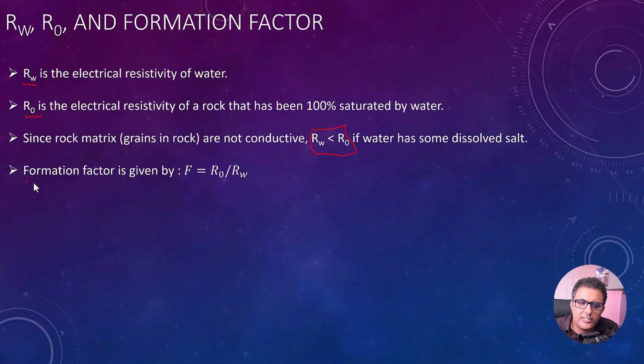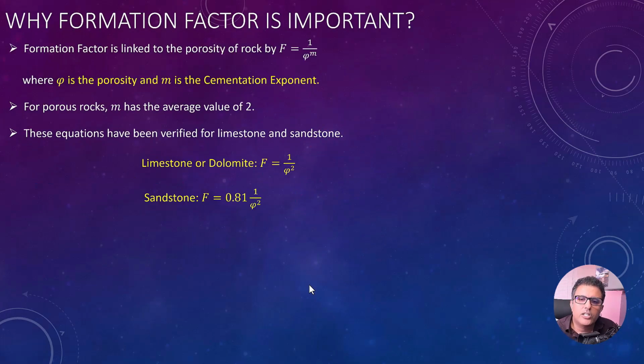Another definition is the formation factor, which is given by R0 over RW. Because R0 is greater than RW, the formation factor should always be greater than 1. So why is the formation factor important?